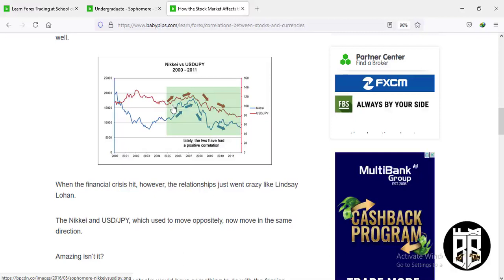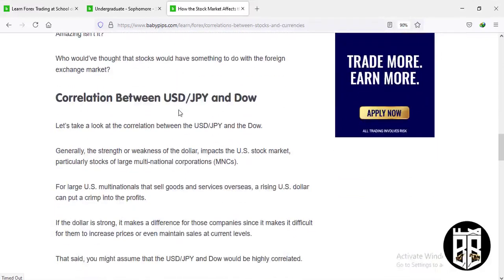If the Dow is going up and the Nikkei is going up, hop onto USDJPY and see what is happening there. In this scenario, you can see that they are moving side by side. The blue line is going down, the USDJPY is going down. So when you go to your forex chart, what do you do? You just hit sell. So use this to the best of your advantage.